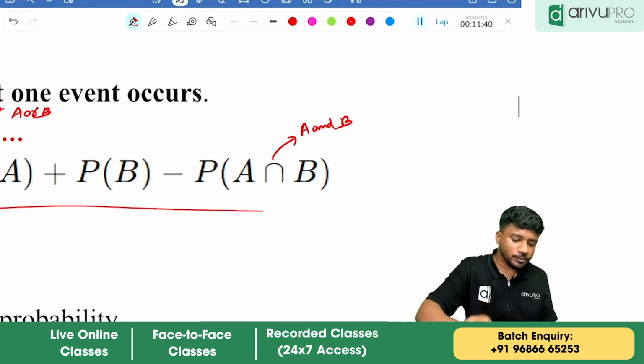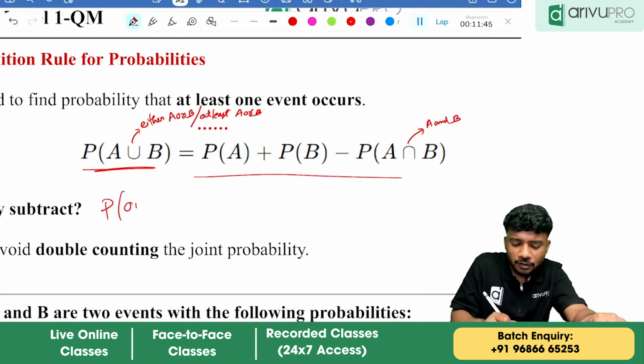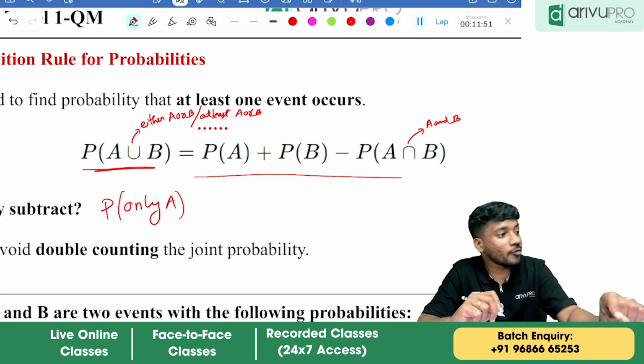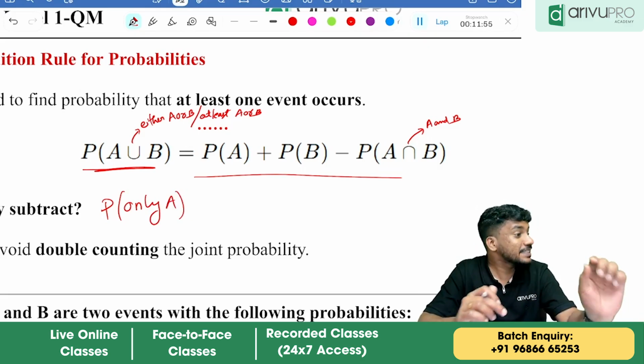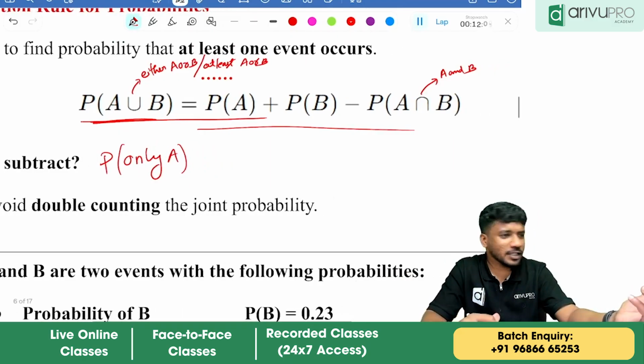Now, what if the question asks for P of only A? What is the probability of occurrence of only event A, not B? The easiest way: we know this formula anyway, we studied this using the Venn diagram.